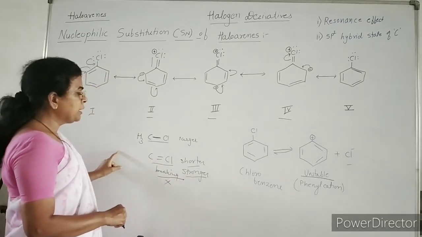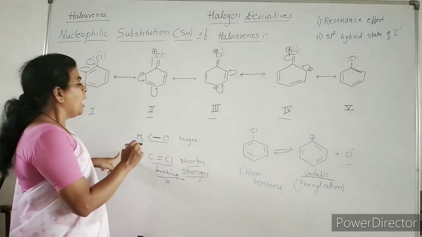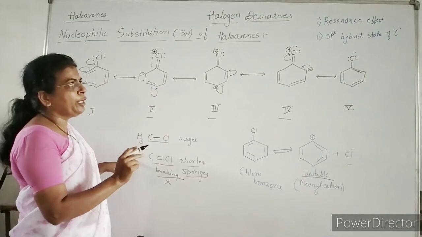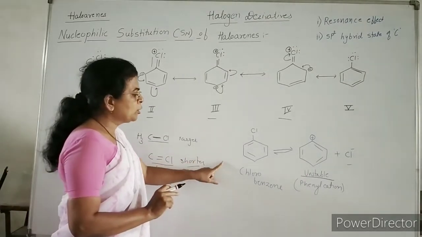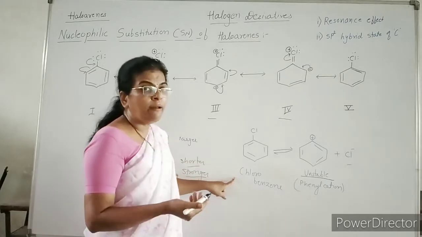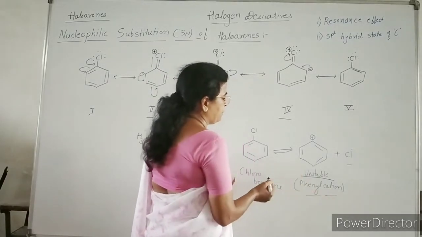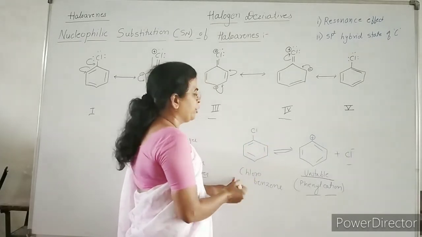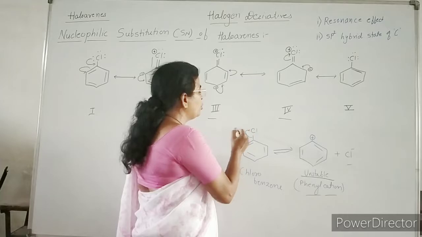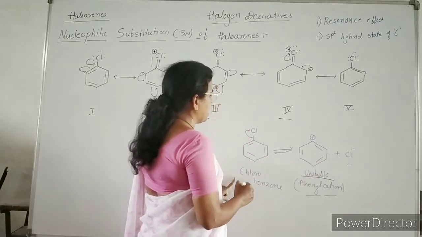Then second reason, now we are going to see that these haloarenes do not easily undergo nucleophilic substitution. If this chlorobenzene undergoes self-ionization, then formation of phenyl cation takes place. In ionization, this chlorine is more electronegative, therefore it acquires both bonded electron pairs towards itself to form Cl minus ion.